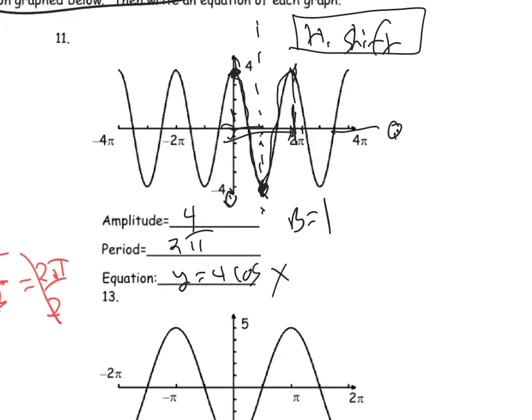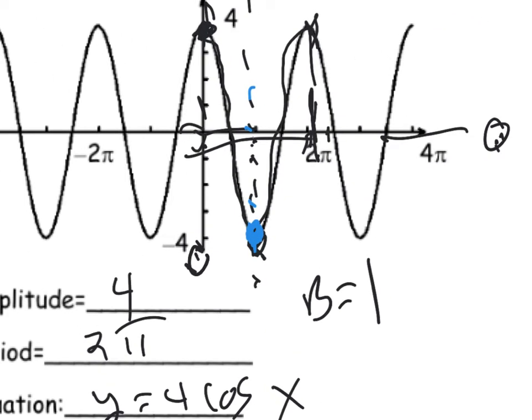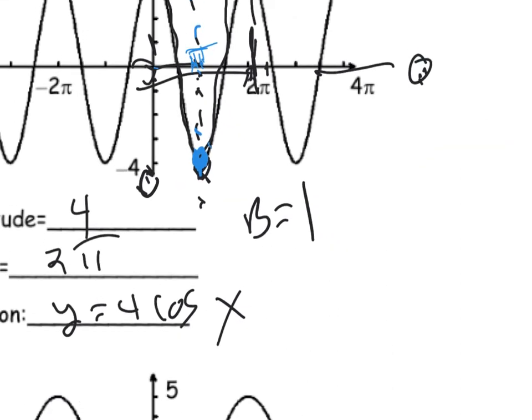Now, if you want to have an advanced problem, what if I start here? Now, normally we didn't know because back then you didn't know what that meant. This meant I'm shifting it pi over. So now I have a phase shift of pi, which means my equation could look like this.